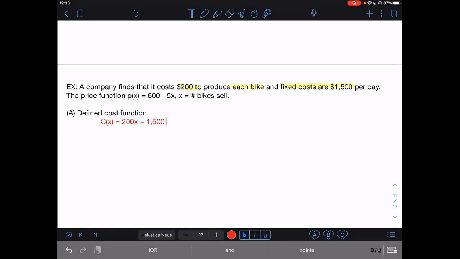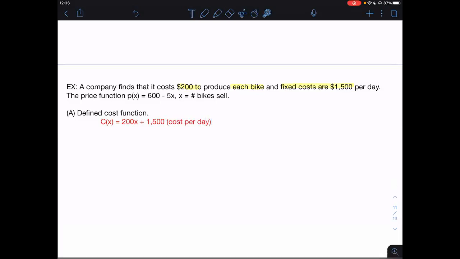This is the cost per day for making X amount of units on that single day. We're going to focus on just one single day here. So for one single day, we want to make X amount of bikes. It's going to cost us $200 per bike plus our $1,500 of fixed costs. This could be, say, the warehouse, the machines that we have to use, and so on.